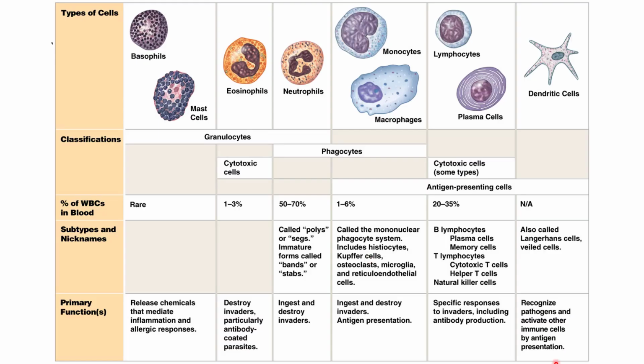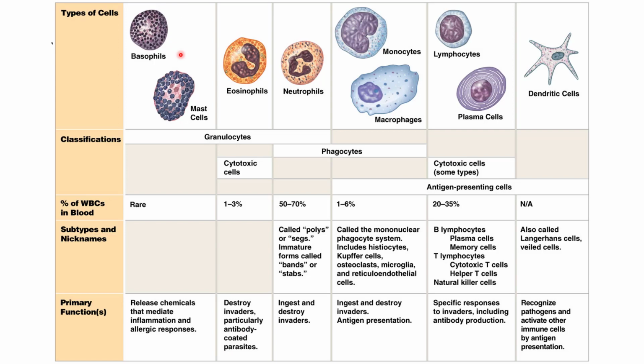So now let's talk about the different types of cells found in the immune system. This table is taken from your book. It does a great job of explaining the different types, their classifications based off of morphology and function, whether they're circulated or not, and finally their primary functions. So let's begin with basophils.